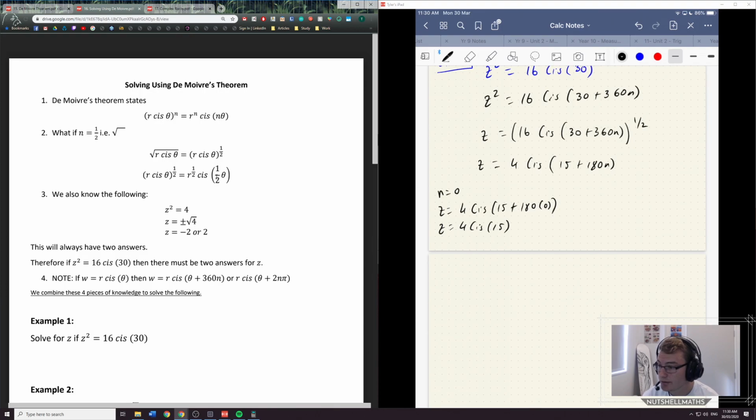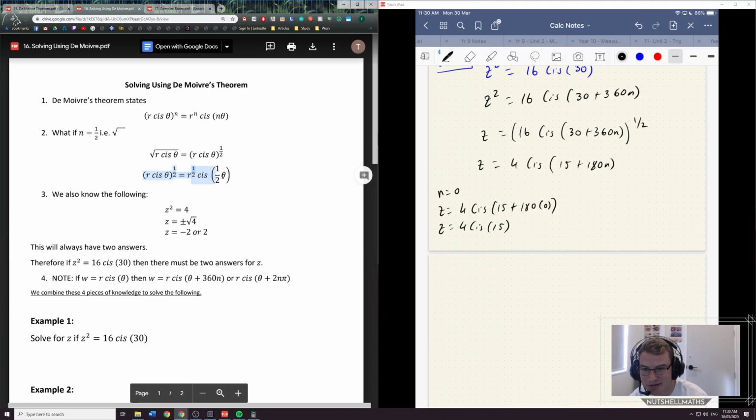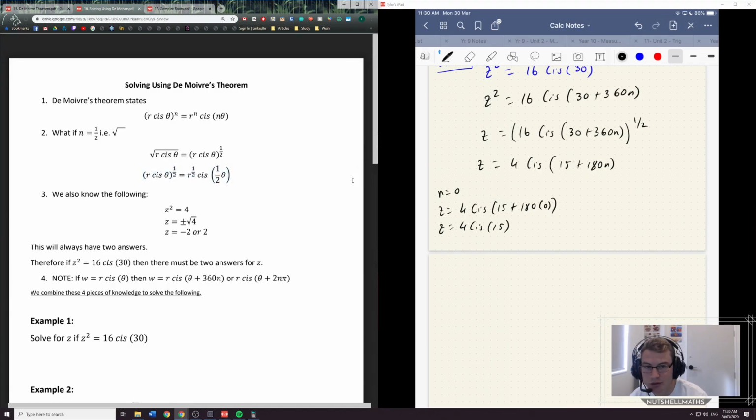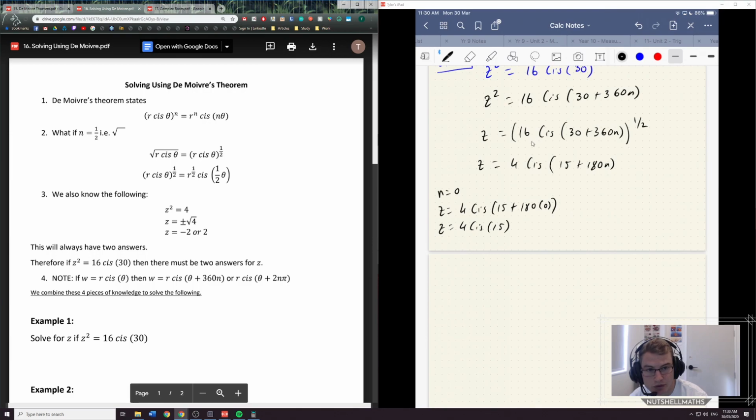It's not a square root, remember? De Moivre's theorem. Remember De Moivre's theorem here. When you're square rooting the whole thing, we square root the front and we times the back. Then I'm going to substitute in n equals 0.